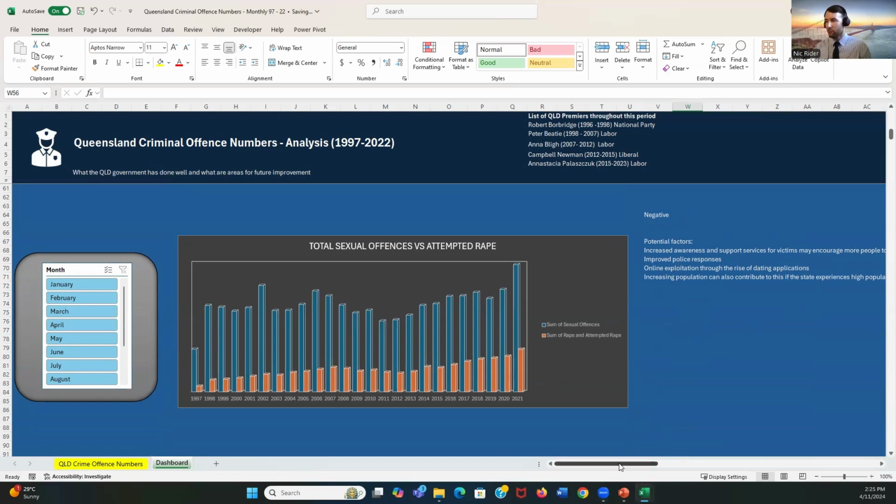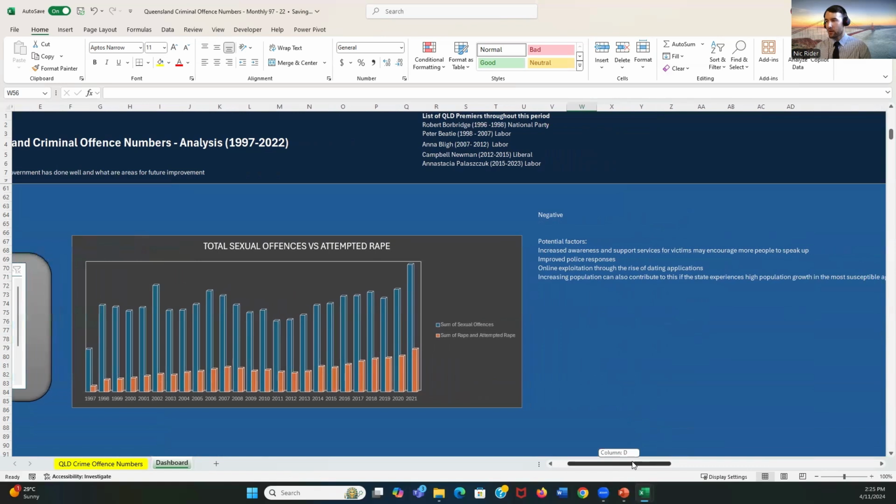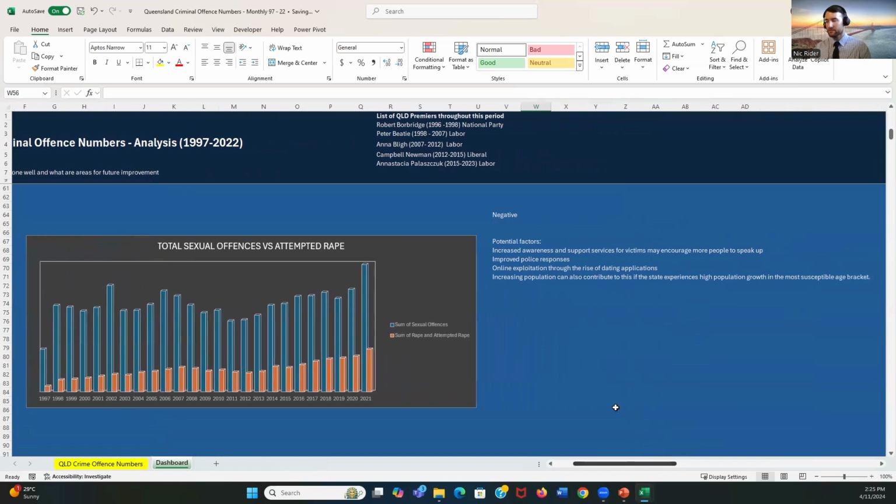Some of the factors involved here are increased awareness and support services for victims, which may encourage more people to speak up, and then improved police responses is probably going to need to happen as well if we want to see a decline in the future. Online exploitation through the rise of dating apps could have contributed to it negatively.